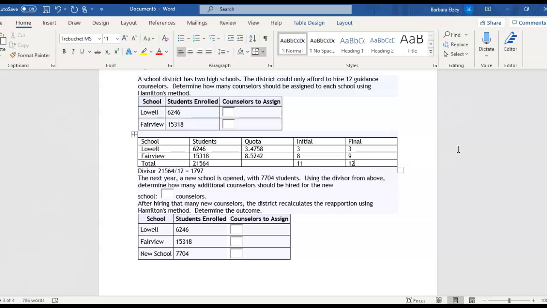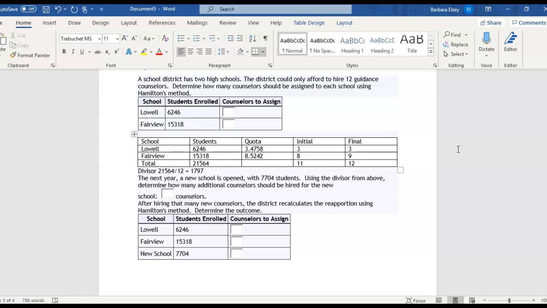All right, so the next year a new school is opened, and that new school has 7,704 students. We want to use the divisor that we used above and determine how many additional counselors should be hired for the new school.